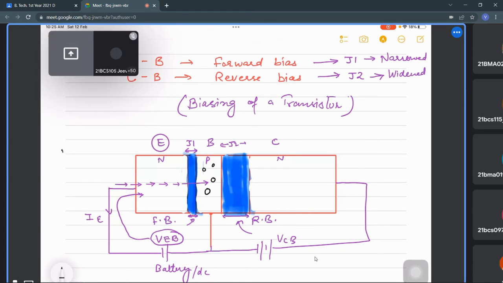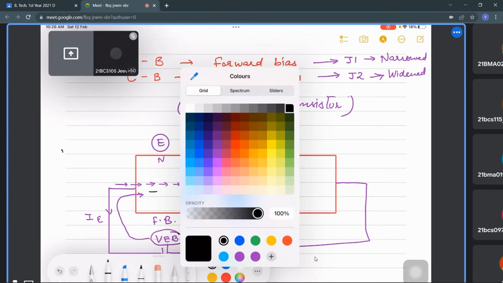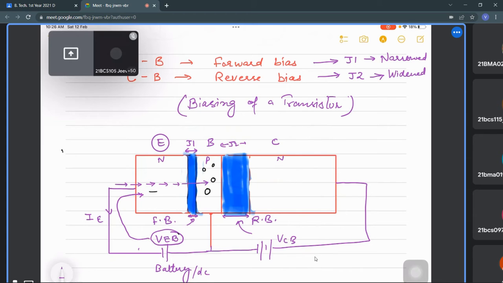Okay, so these electrons which have very high energy are coming from this side, they will cross towards this side, and they are going to recombine here with the holes, right? But this base width is very small.